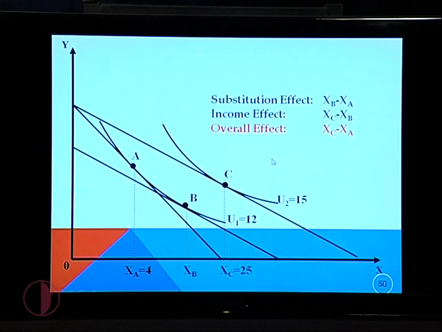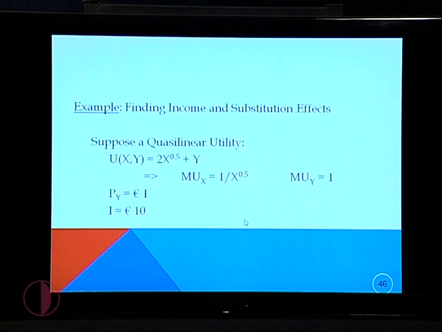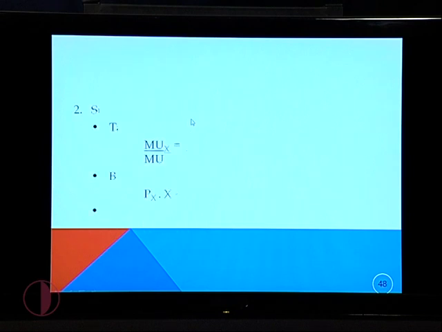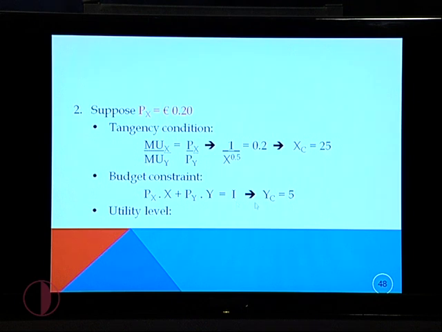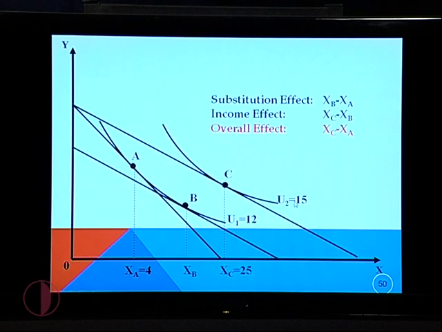When we illustrate this on the graph, as you are observing here, the first utility was 12, because income is 10. When the price of x shifted from 0.50 to 0.20, the utility level changed on the curve to 15.